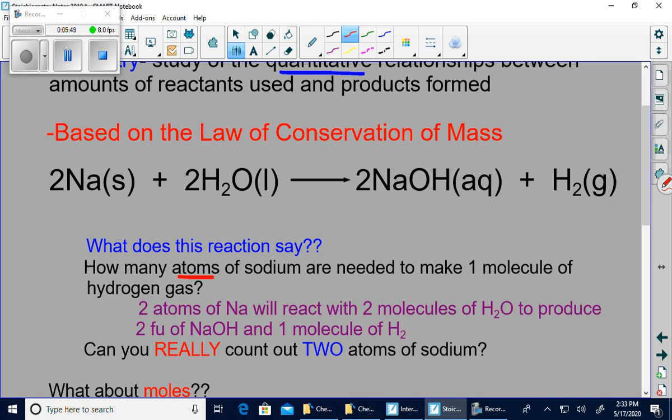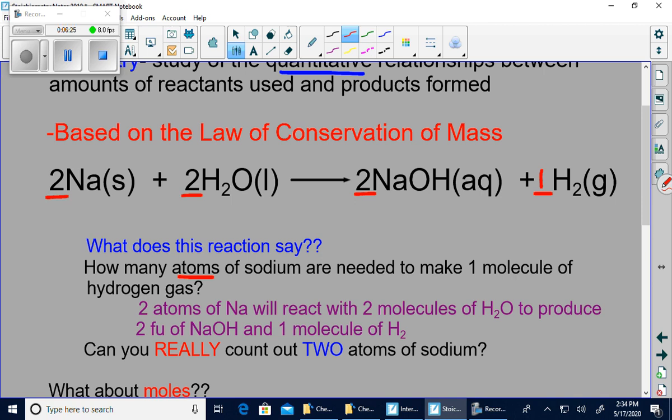So how many atoms of sodium are needed to make 1 molecule of hydrogen gas? Well, 2 atoms of sodium will react with 2 molecules of water to produce 2 formula units, because this is an ionic compound, and 1 molecule of hydrogen. Now remember, if there's no number there, that means 1.